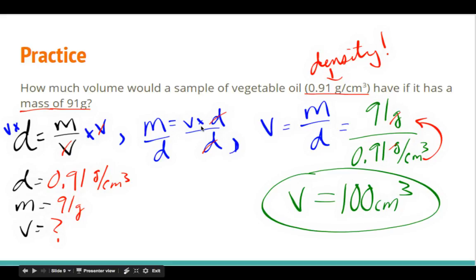And then we divide by d on both sides to get v by itself. And what you end up with is v equals m over d. So you take the mass of 91 grams divided by the density of 0.91 grams per centimeter cubed. Notice the grams cancels out and the centimeter cubed will go up to the top of the fraction. You end up with a volume of 100 centimeters cubed, or 100 milliliters, if you will.